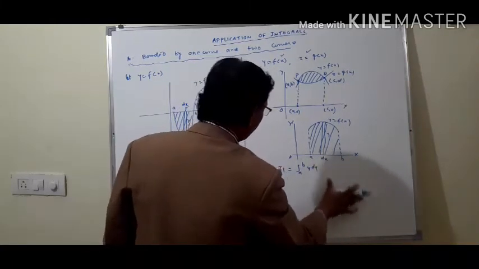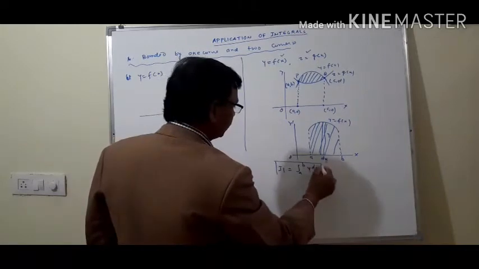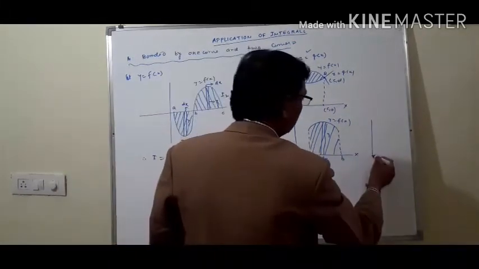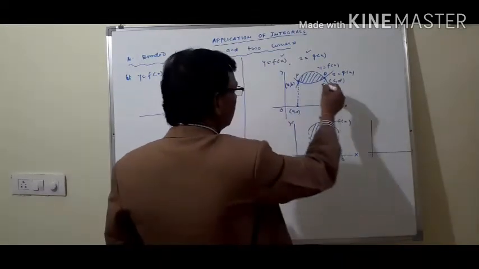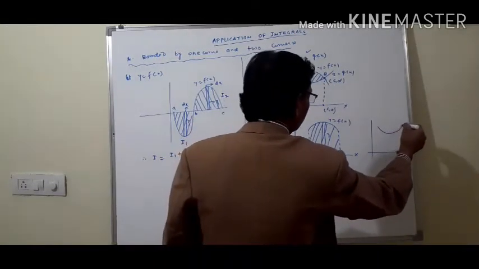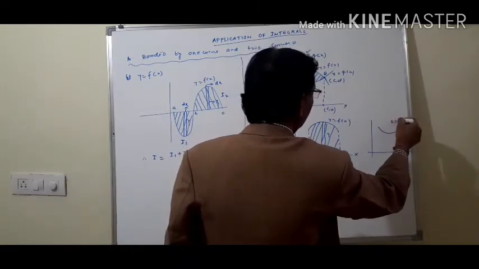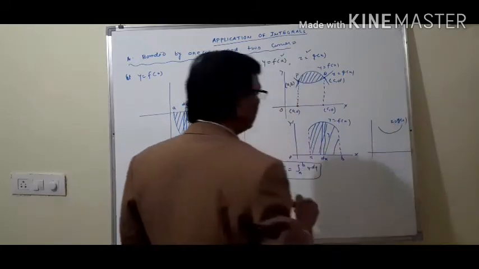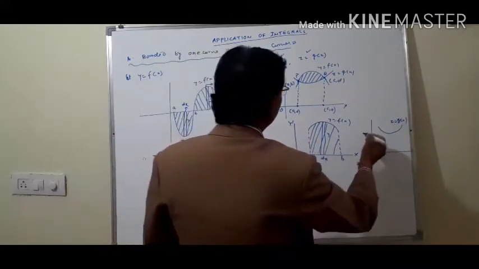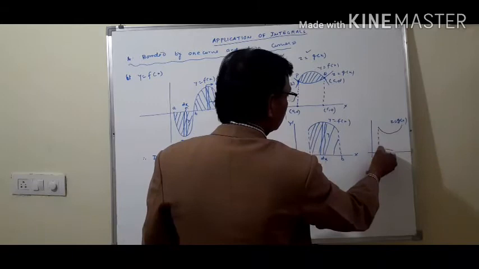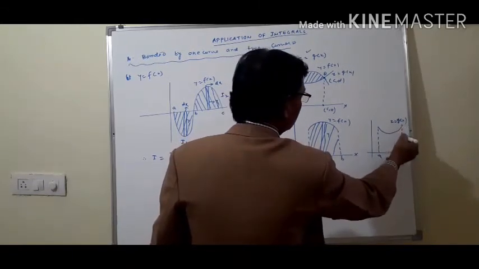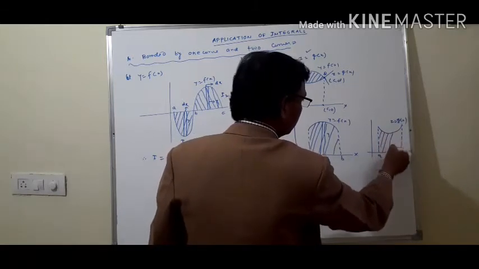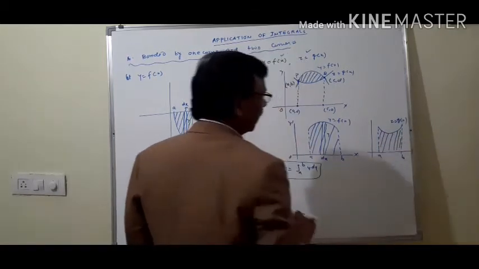This is I1. In another figure we take the second curve, z equal to g of x. Since this point is A and this point is B, the area bounded by this curve and this line is like this.